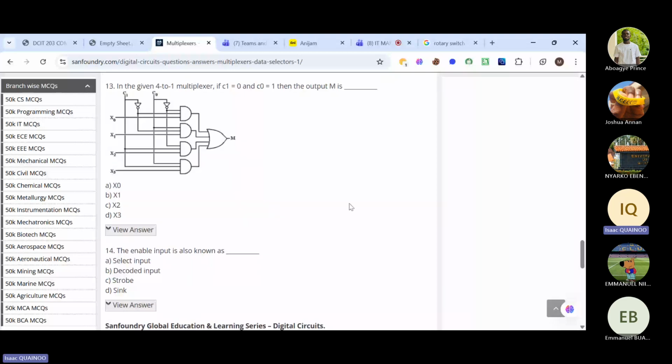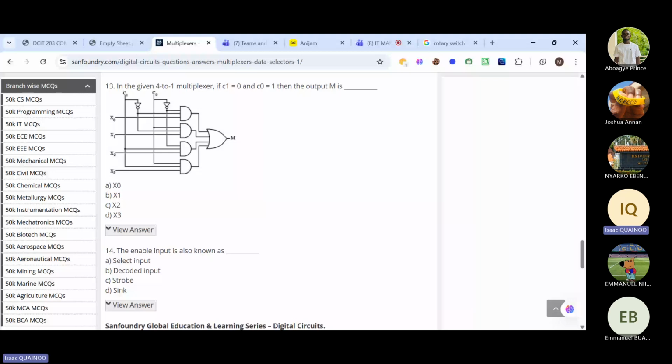So question 13. In the given 4-to-1 multiplexer, if C1 equals 0 and C0 equals 1, then the output M is, I think let's all do it together. So please, everyone should attend this question. So we have a given 4-to-1 multiplexer.